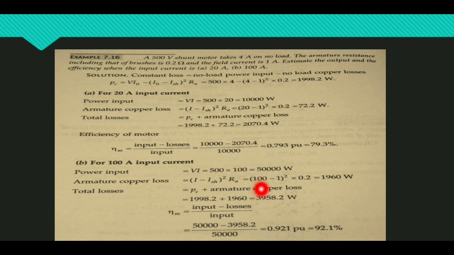In that condition, efficiency equals input minus losses by input, that is (50,000 minus 3958.2) by 50,000, which equals 0.921. This is the per unit efficiency. If it is calculated as a percentage, we write 92.1% instead of 0.921.